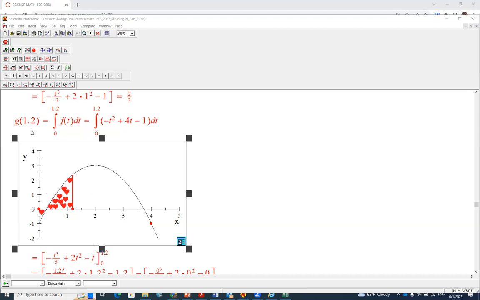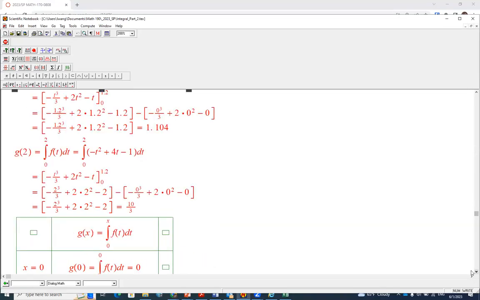So G of 1.2 is that area. We keep going, 1.2, 1.3, 1.4, all the way to 2. What happens if we do 2?